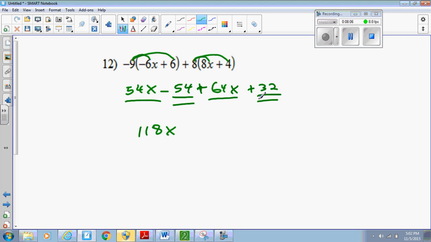Negative 54 plus 32 is negative 22, minus 22. That's all we want to write for that one. So that's it. Kind of a quick problem there.